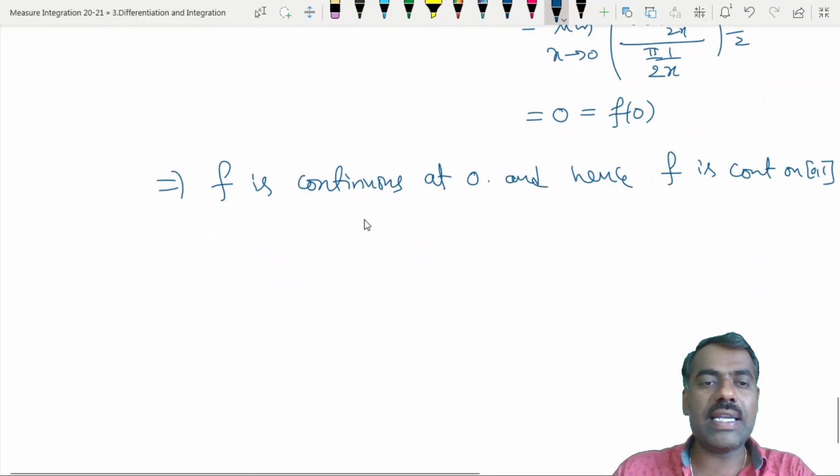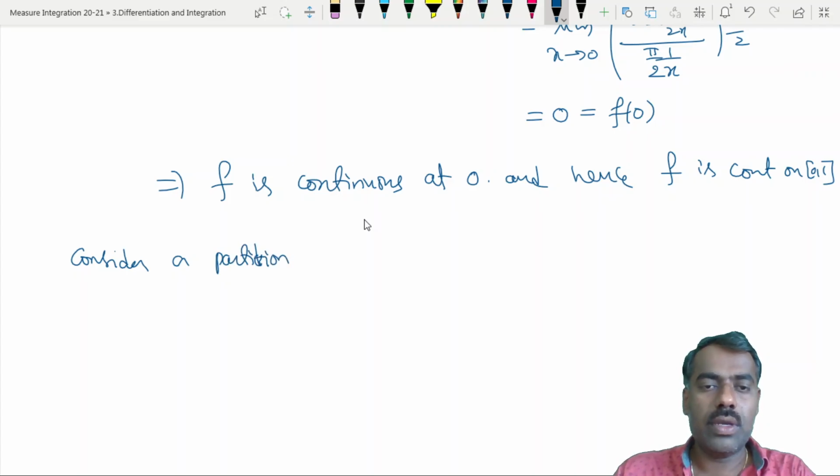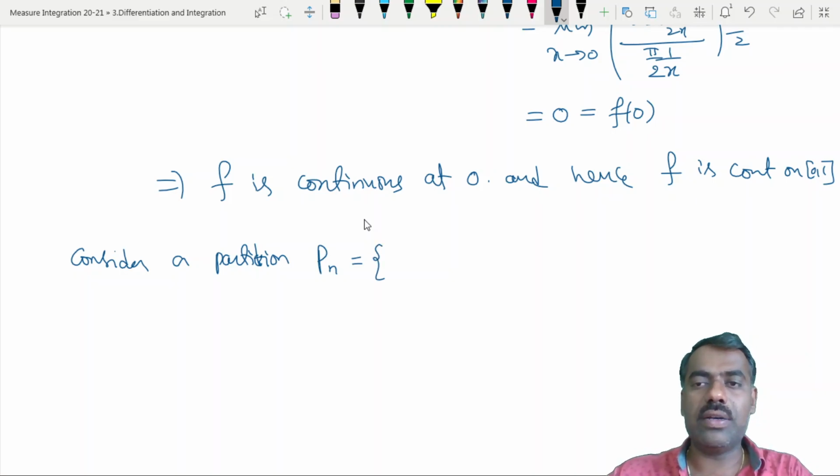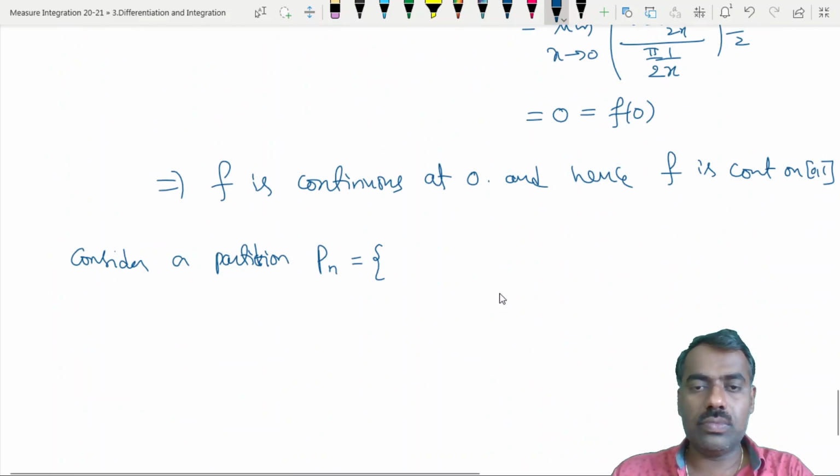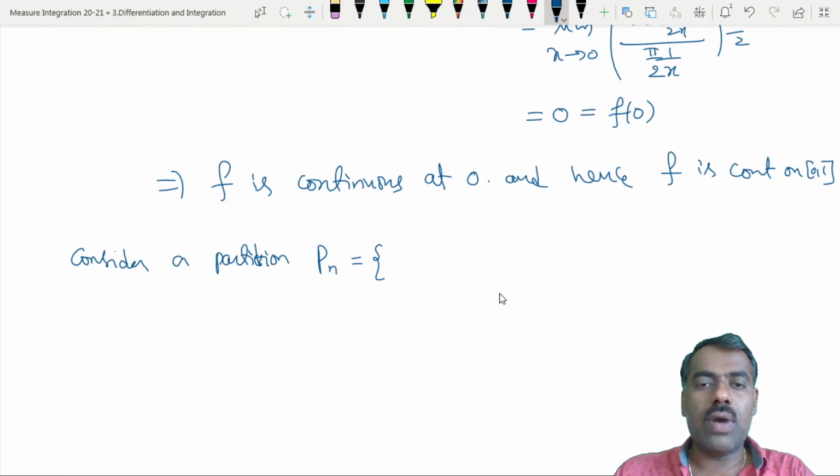We'll consider a partition, for any natural number n, call it Pn, where we partition 0 comma 1 in this way: 1, or you can write 1 by 2n, okay, 1 by 2n minus 1, 1 by 2n minus 2, and so on.